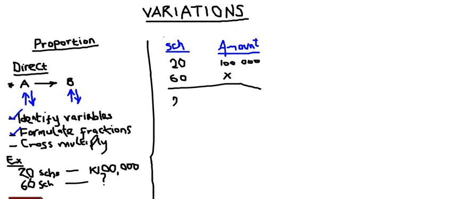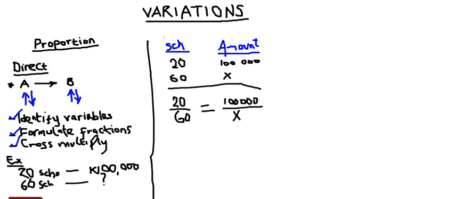So here you can simply say 20 schools over 60 schools. The ratio should be constant with 100,000 kwacha over x.